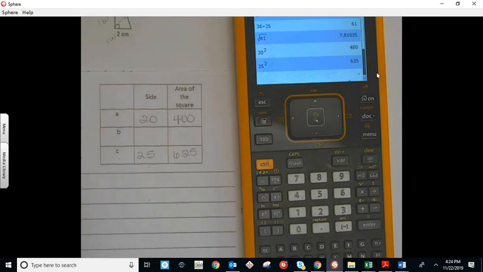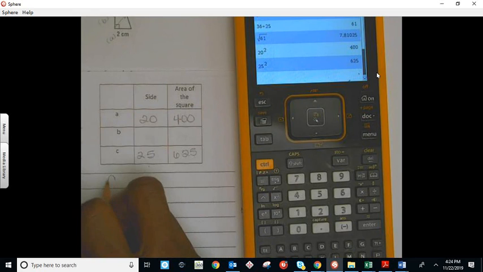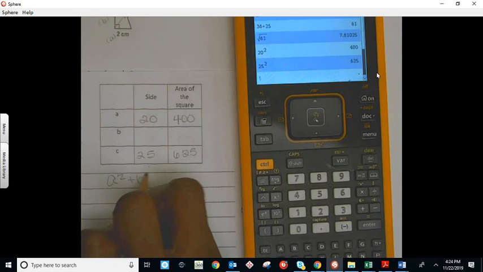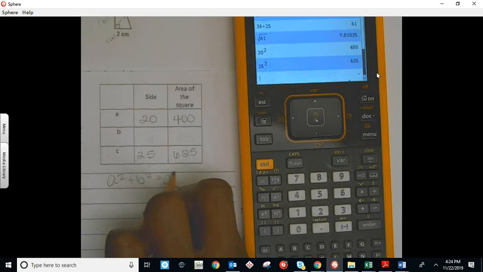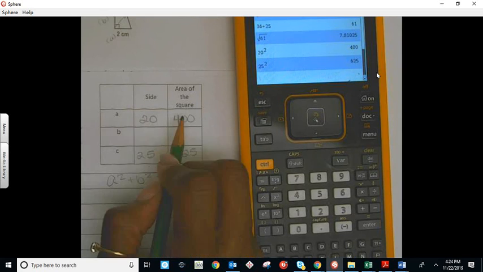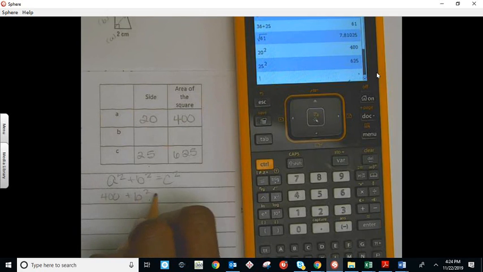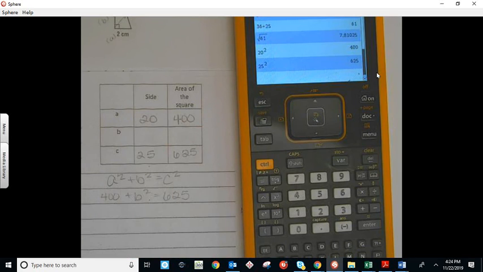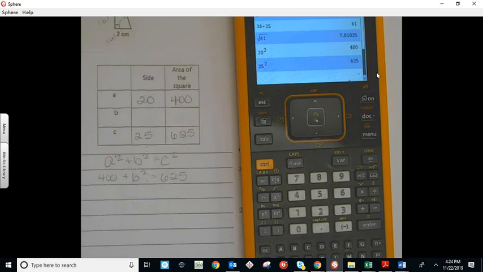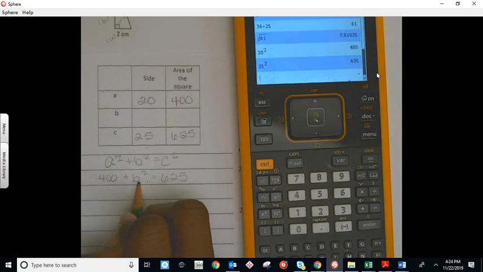So here's what I know. A squared plus B squared equals C squared. What do I know? I know that A squared is 400. I don't know B squared. And I know C squared is 625. So remember, I want to figure out what B squared is so I can figure out what B is, which means I need to move this to the other side.